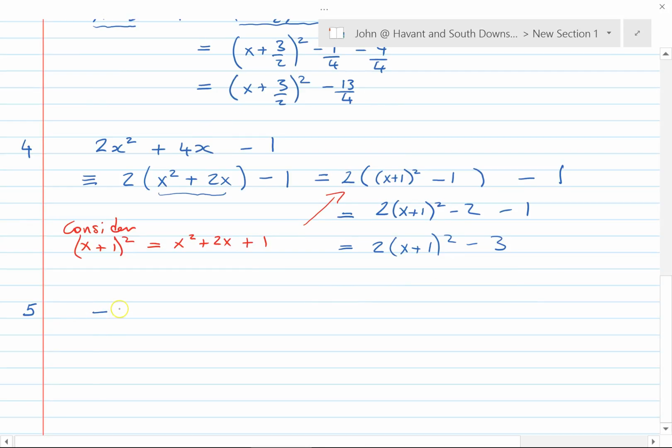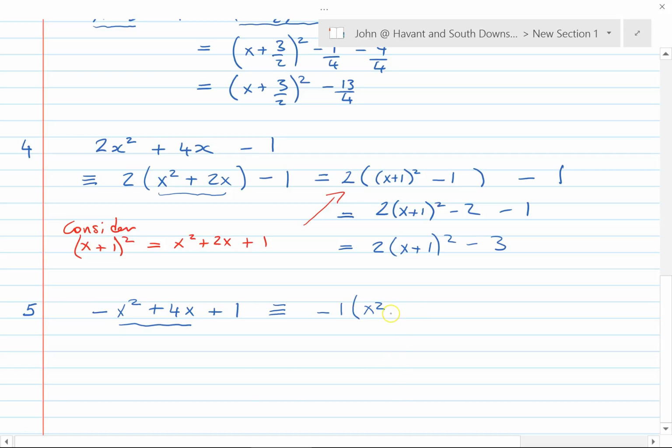Suppose I have minus x squared plus 4x plus 1. Okay, well, basically a is minus 1 now, so I can just write that as taking the same idea as before, taking out a factor of minus 1 of just the front bit.